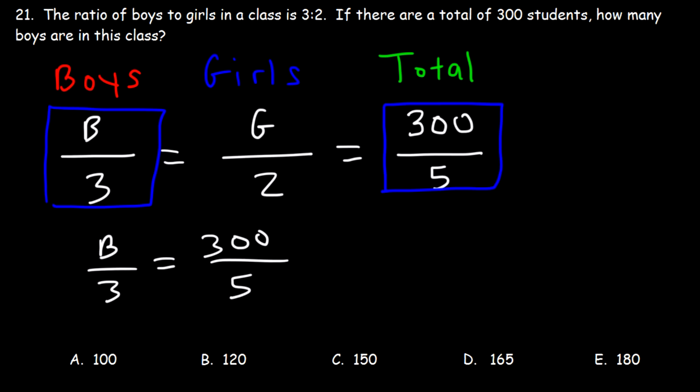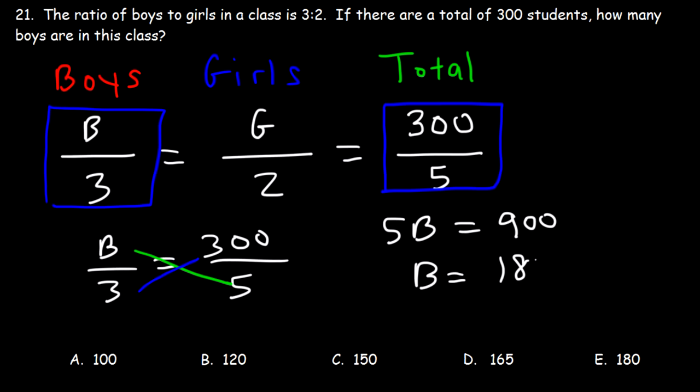Now let's cross multiply. So this is going to be 5B, and that's equal to 3 times 300, which is 900. Now all we need to do is divide 900 by 5. So the number of boys in the class is 180.